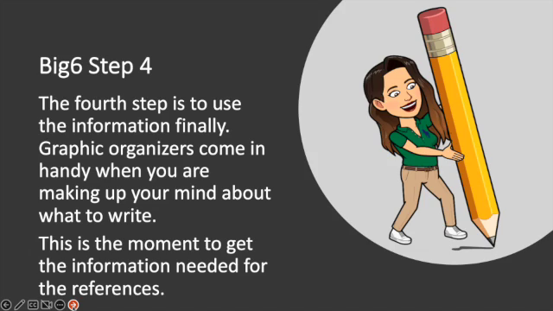And this is also the moment to get the information that you need for the references. In here you're going to type in or write the author's name, the article name, the volume and page of the book that you're using, or maybe the link that you're using, right? So all of this information you're going to get.